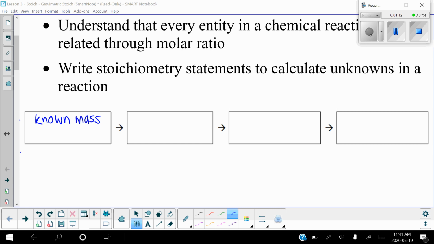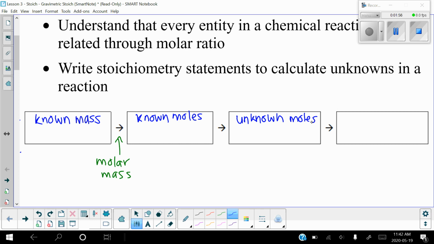Then you will convert that into your known moles. Usually it's measured in moles. Sometimes it's kilomoles, sometimes it is millimoles, depending on the problem. Now, ask yourself, how do I get from a mass to moles? We're going to get there by using molar mass. Once we have our known moles, we can then convert it into our unknown moles.